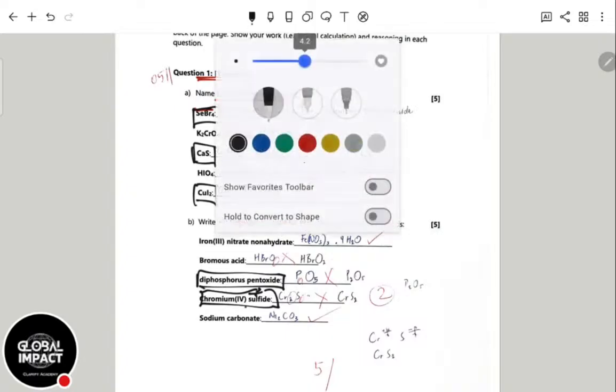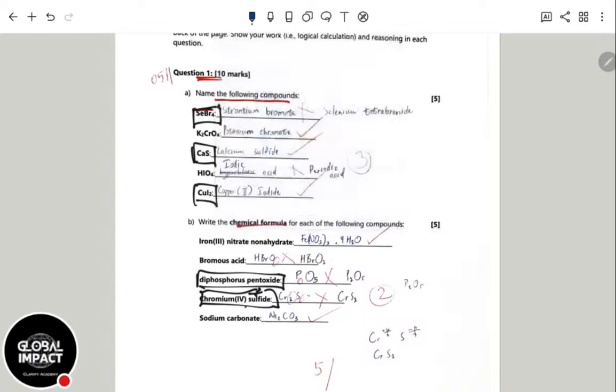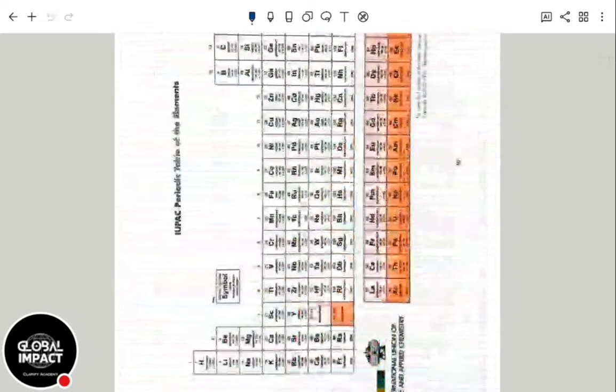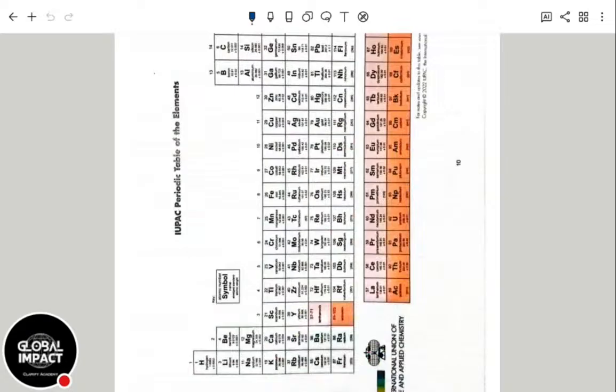Now let's name. Start with this, writing the name. So I have SeBr4. Now you can go to your periodic table and see, is Se a metal or is it not? Here's the periodic table. Look for Se in your periodic table. Where's the Se going to be? And we want to see, is it a metal or is it not a metal?